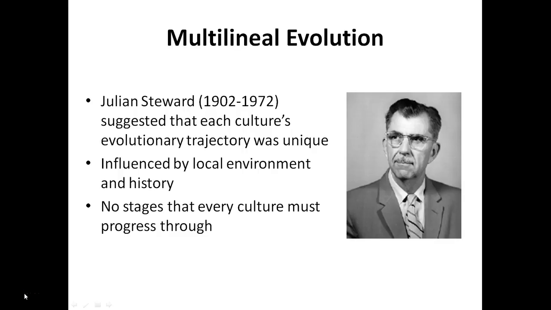While Morgan's unilineal evolution saw a lineal progress from savagery through barbarism to civilization and suggested that perhaps those who were still savages or barbarians lacked some capacity of those cultures that had developed into civilizations, Julian Steward suggested that each culture's evolutionary trajectory was unique and influenced by its local environment and history, that there were no stages that every culture must progress through, and there was no apogee that every culture should strive to achieve, that each was unique and finely tuned and developed to adapt to its own local environment.